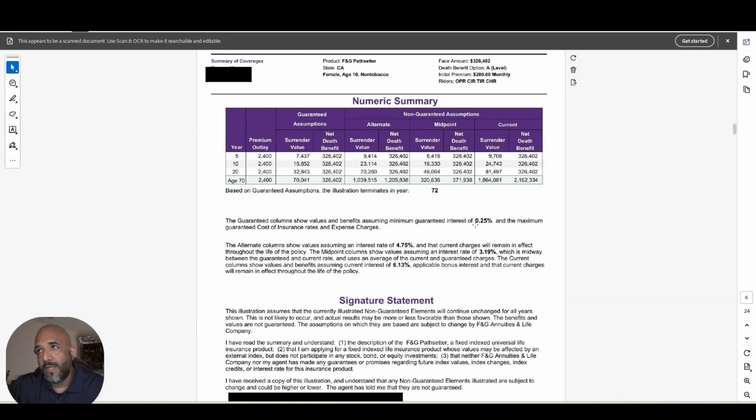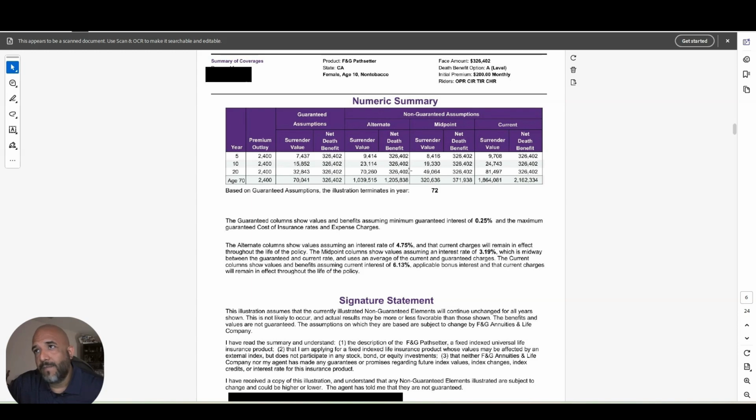Keep in mind, this is only if it gained 0.25 interest. And then lastly, at the age of 30, 20 years from now, guaranteed assumptions are $32,843 with a benefit of $326,000. Now, then you start going into what the non-guaranteed are.